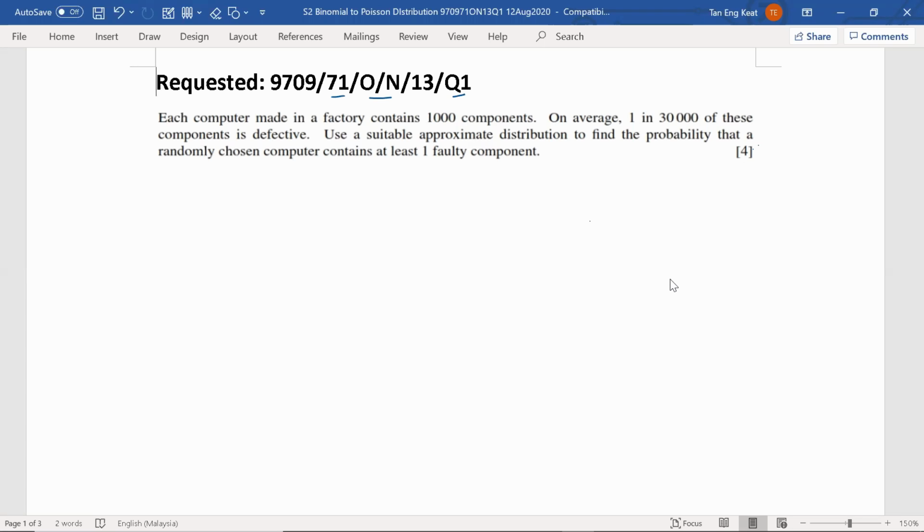Each component made in a factory contains 1,000 components. On average, 1 in 30,000 of these components is defective. So when we read until this part of the question, we know that we are looking at a random variable, which is the number of defective components.